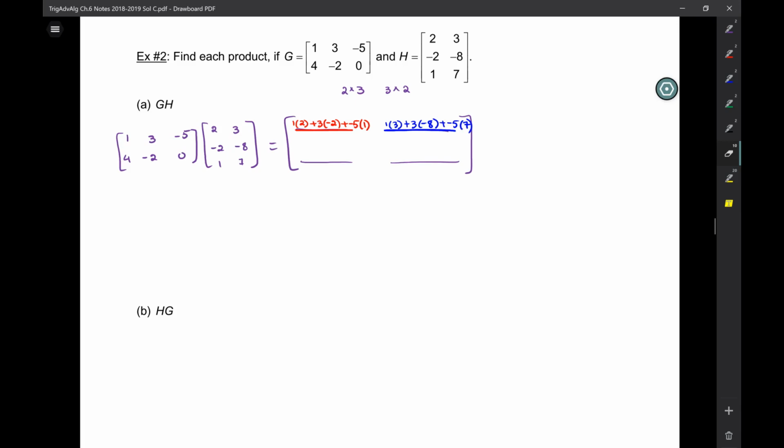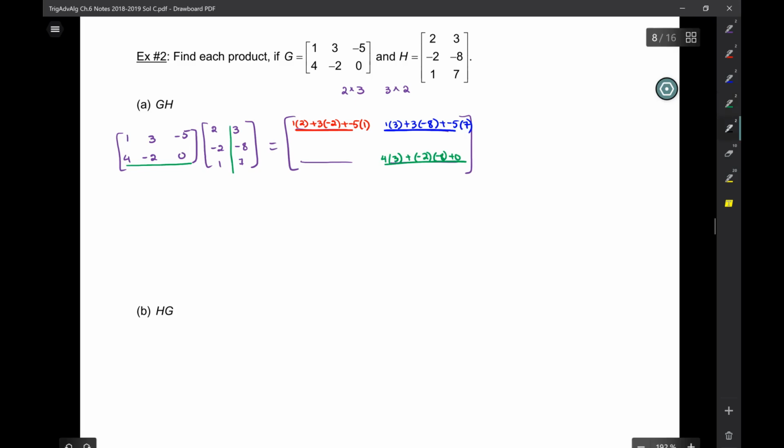You could go out of order. I'm going to be a rebel, and I'm just going to do this one next. What position is that green one in this matrix? Row 2, column 2. So I take row 2, column 2. So 4 times 3 plus negative 2 times negative 8 plus 0. I love the zeros.